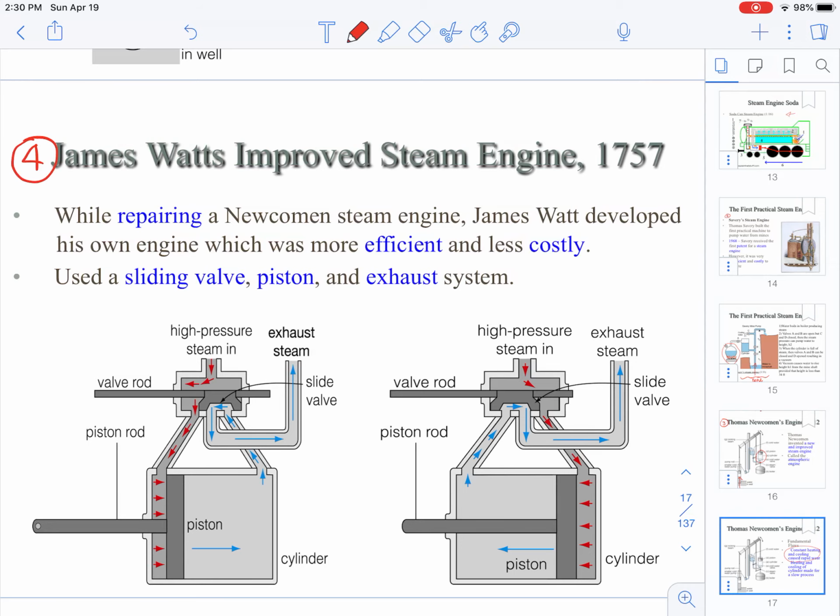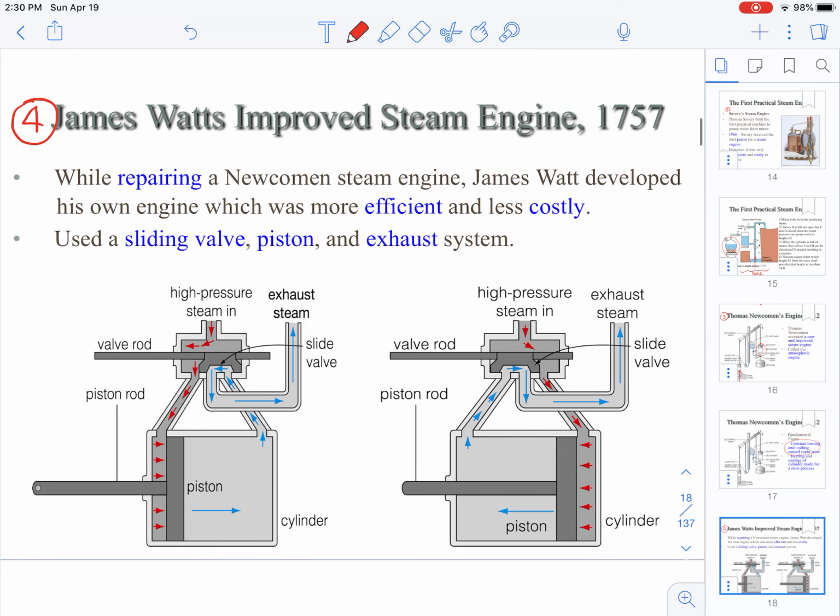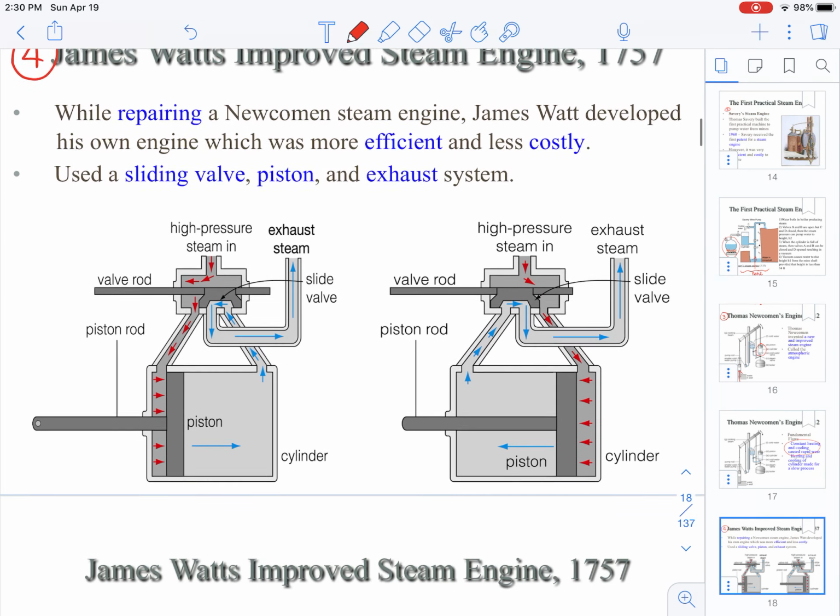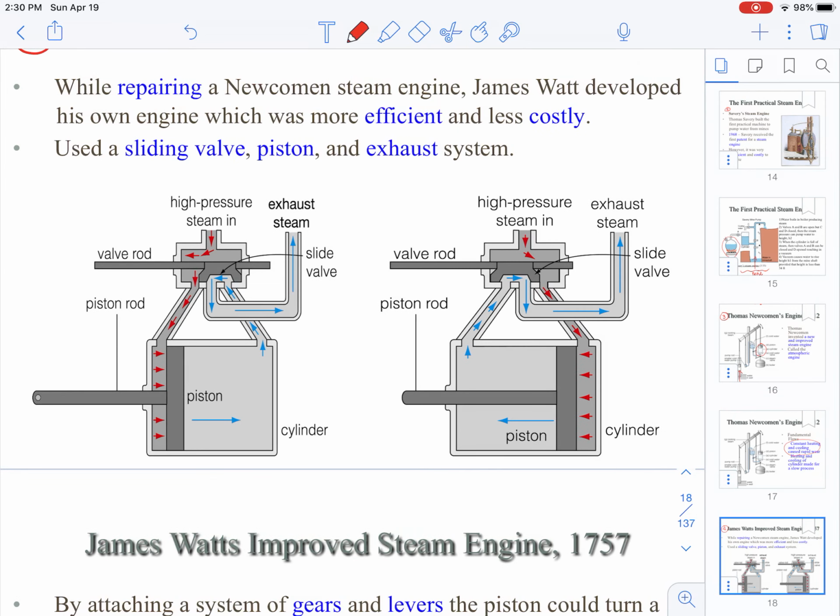James Watt is number 4 in our list of inventors here. He was actually repairing Newcomen's engine and decided that he could fix it up a little better and make it more efficient. What he did is he had some valves in here, and he used a piston system, and the piston would go one way.